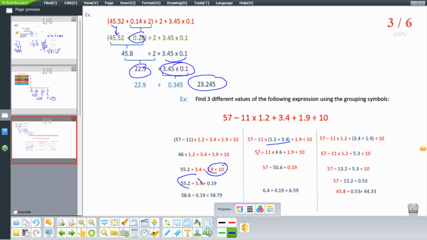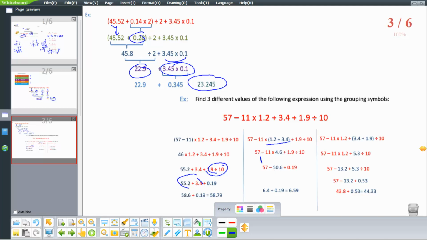Okay, if I use brackets with 1.2 plus 3.4, we are going to start with the brackets. So it will be 57 minus 11 times this answer, 4.6, plus 1.9 divided by 10. Then we must start with multiplication, so it will be 11 times 4.6. It will be 50.6.